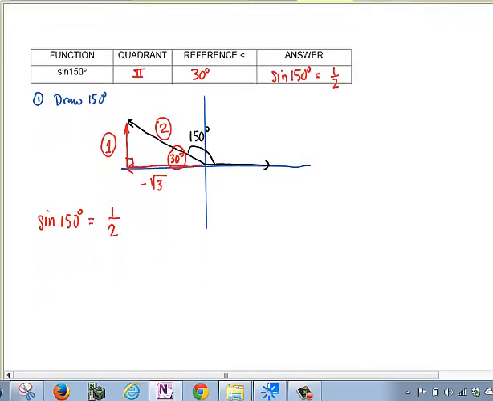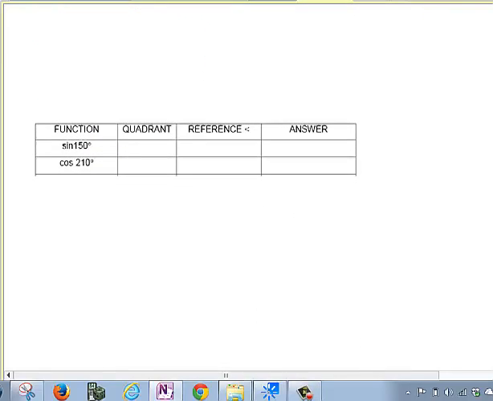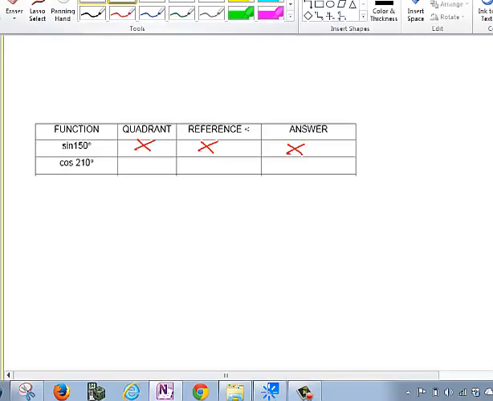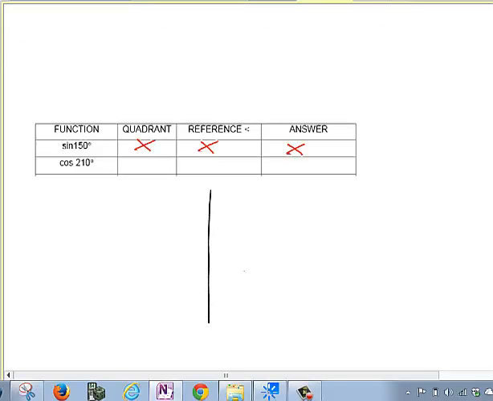Now let's turn our attention to another angle. So I'm going to cross this off because we've already done this one. Let's work on the cosine of 210 degrees. I'm going to draw my coordinate system. I'm going to draw my angle 210.